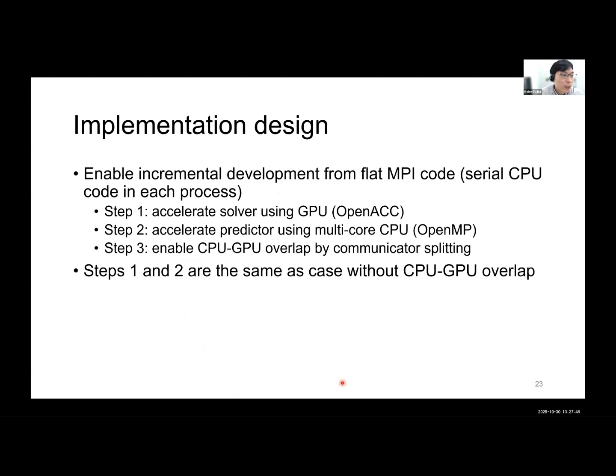Okay, so in the remaining time, I will explain some implementation details. In fact, this is quite straightforward to implement if you have a GPU-based method already. We start from a flat MPI code, a serial CPU code, and we can accelerate this using a GPU by OpenACC, etc. And then we accelerate the predictor using the multi-core CPU by OpenMP, and then we enable the CPU and GPU overlap by communicator splitting.